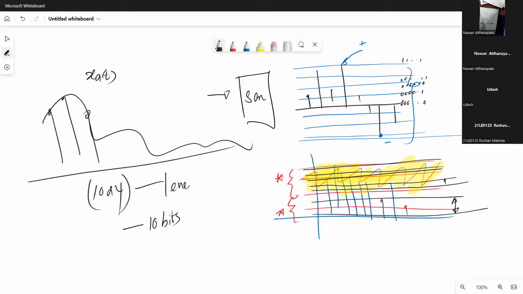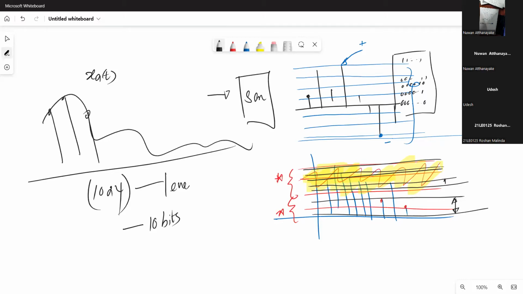These are the quantization levels, and we assign a binary code to each quantization level. Then we can approximate these samples to the neighboring quantization level, and the corresponding binary code can be picked from this table.